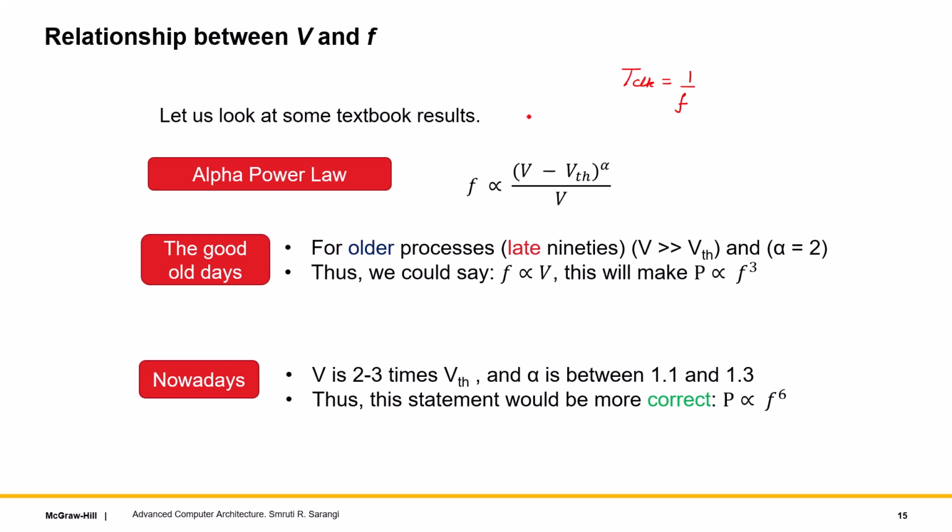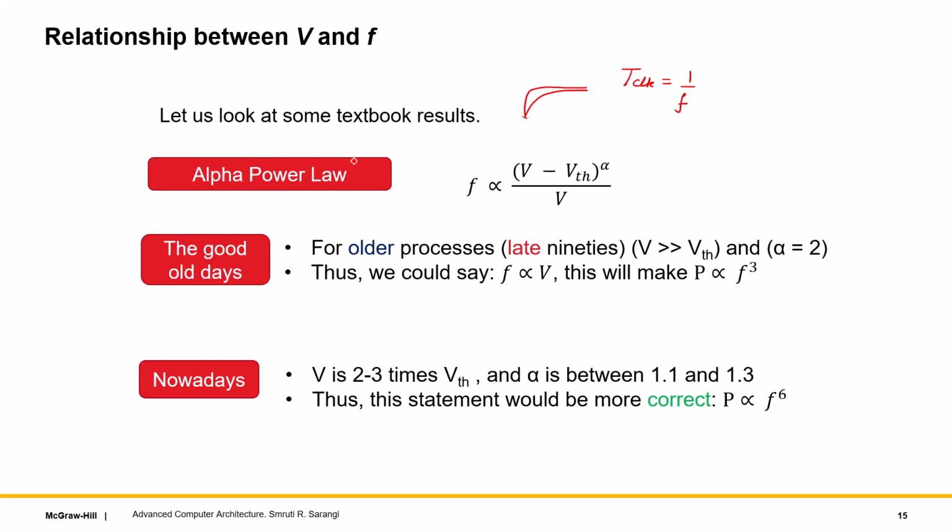If something was getting charged like that, then with a higher frequency, it needs to get charged like this. So the point is that if I want a higher frequency, I have to have a higher supply voltage such that I can draw in more current and charge the capacitors sooner or faster.